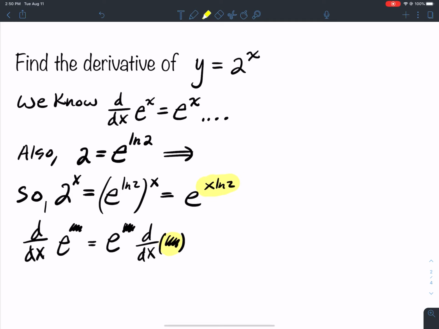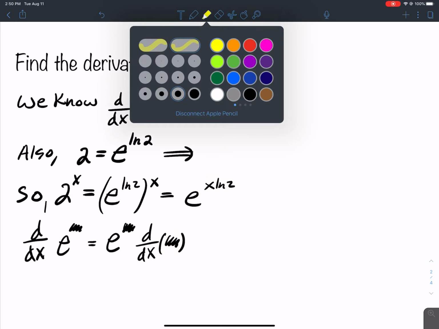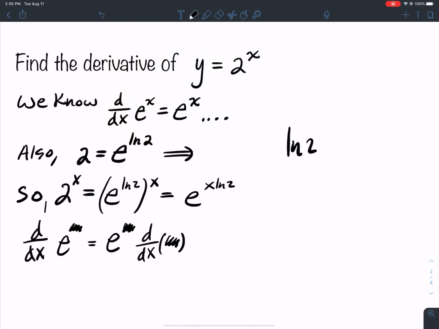So the derivative of x ln 2. Now you've got to remember, ln 2, that's just a number. That's like 0.69 something, right? Whatever. But that is only a constant.